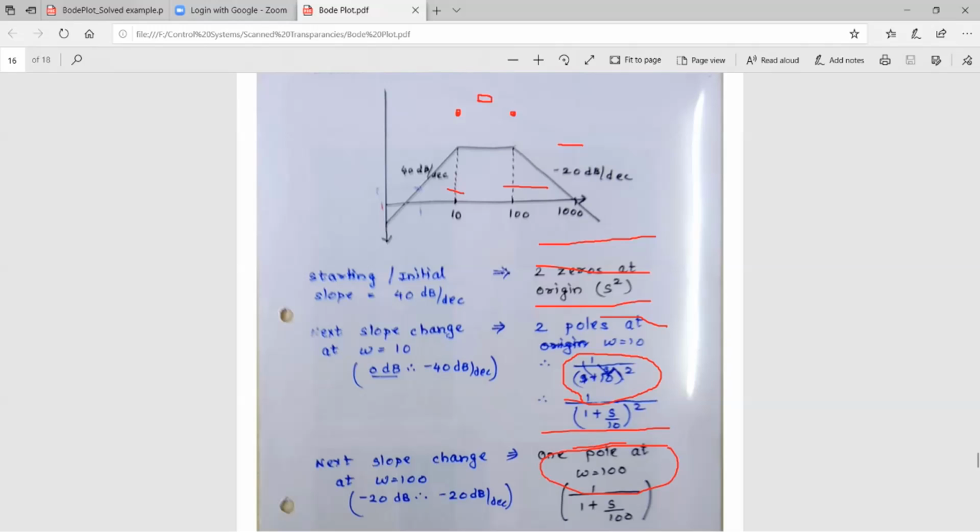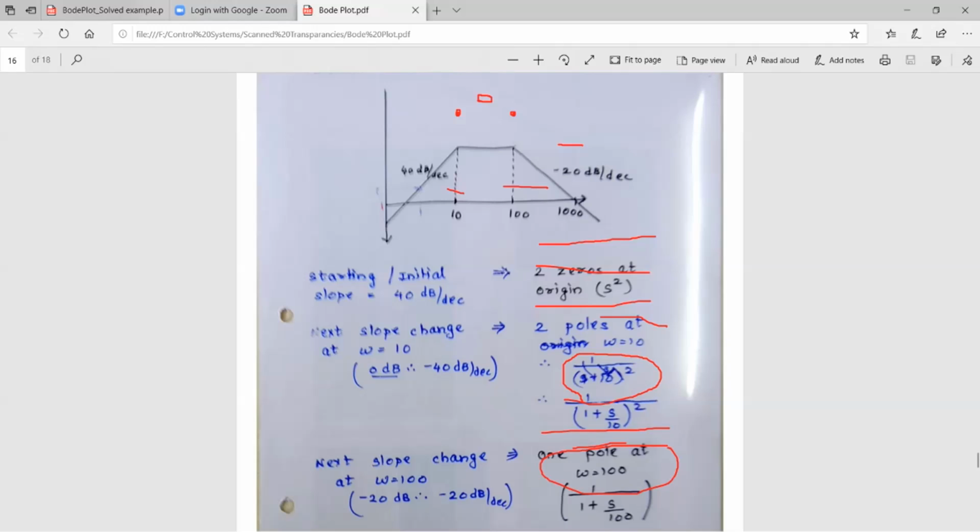One was a reference plot, and then the second one was shifted upwards by 20 dB. So whether it is 0 dB or 20 dB, that can be observed from omega equal to 1, because that's a reference point. So that is why value of K can be calculated from omega equal to 1.